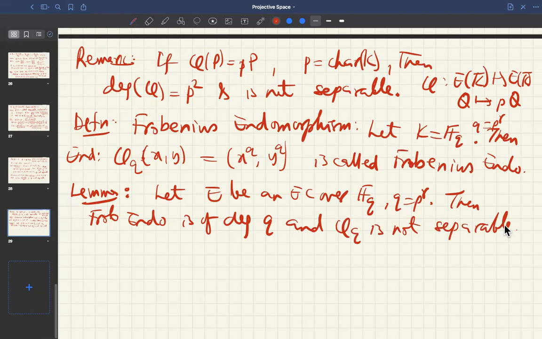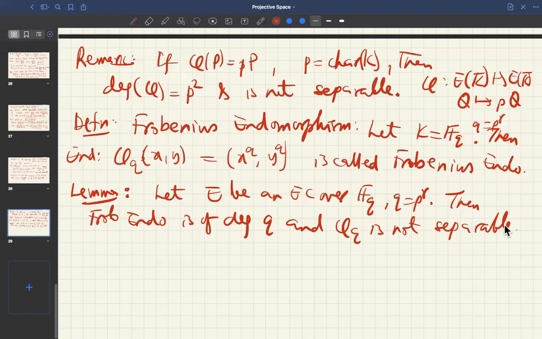If you write this as p1 over q1, x goes to x to the power q, and q1 is just 1, so the derivatives are both identically 0. That also shows it is not separable.